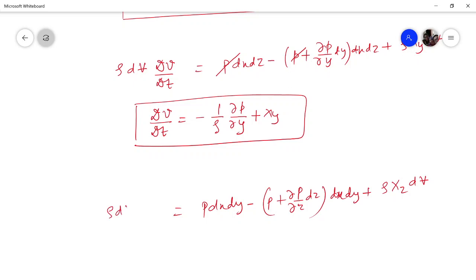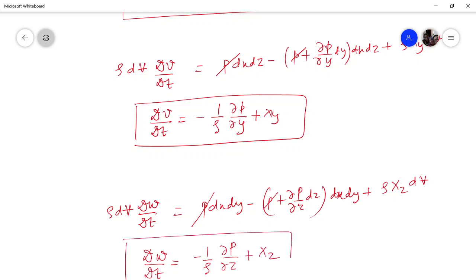That is rho dV times the substantial derivative of the z component of velocity, that is dw/dt. So this will get cancelled, and when you divide the whole equation by rho dV, you will simply get dw/dt is equal to minus 1/rho ∂p/∂z plus Xz. So this is the z component of Euler's equation.